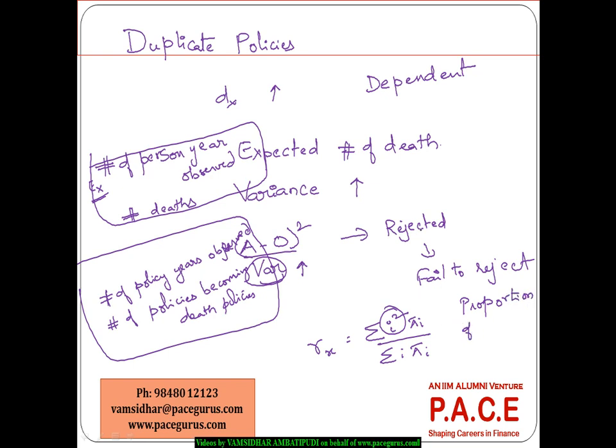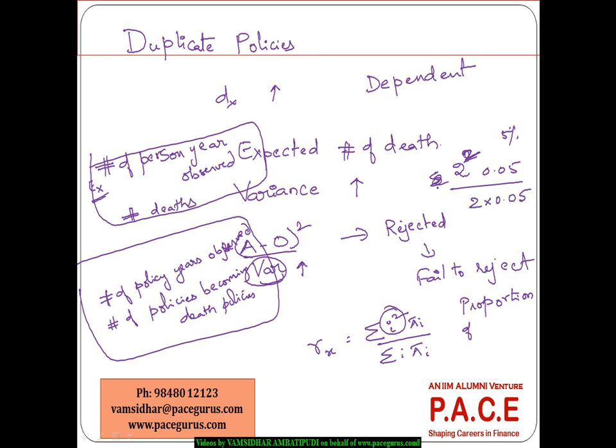So when a person is having two policies, and that proportion is, let's say, 5% of the policyholders having two policies, then all we are saying is the contribution by the two-policy group is 2 squared times 0.05 divided by 2 times 0.05.